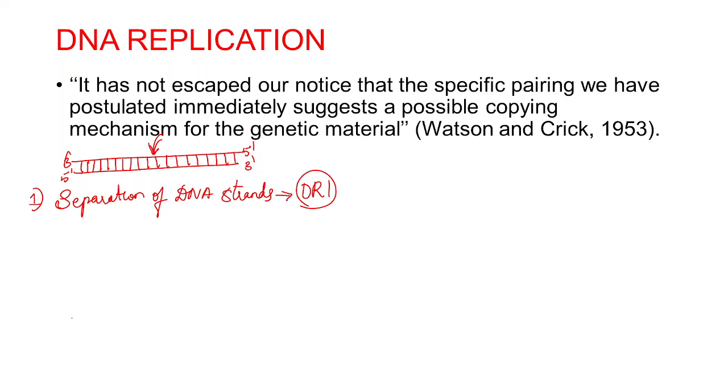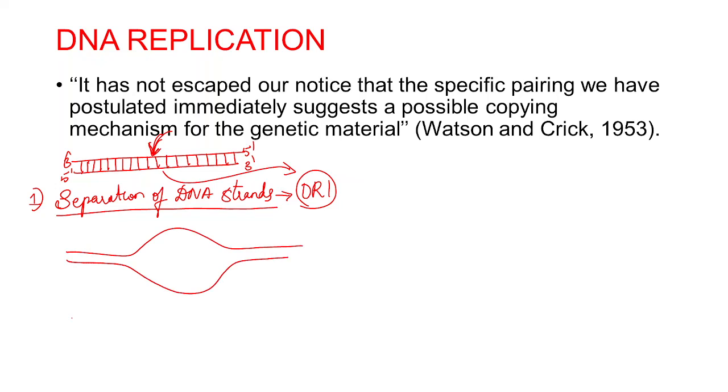Do remember, separation of DNA strands will take place at one particular point. It is called what? Ori site. Then the strands will become like this. Why? Because it has led to breaking of the bonds in between, and ultimately they are separated.